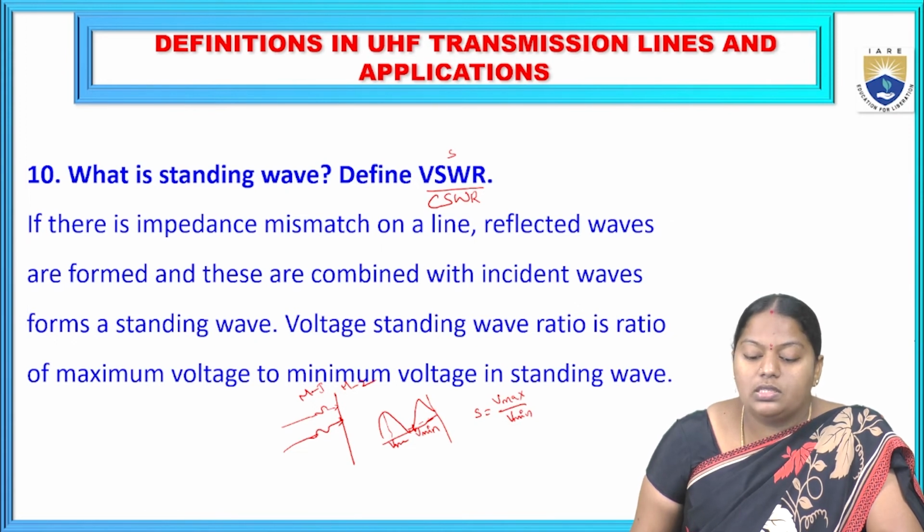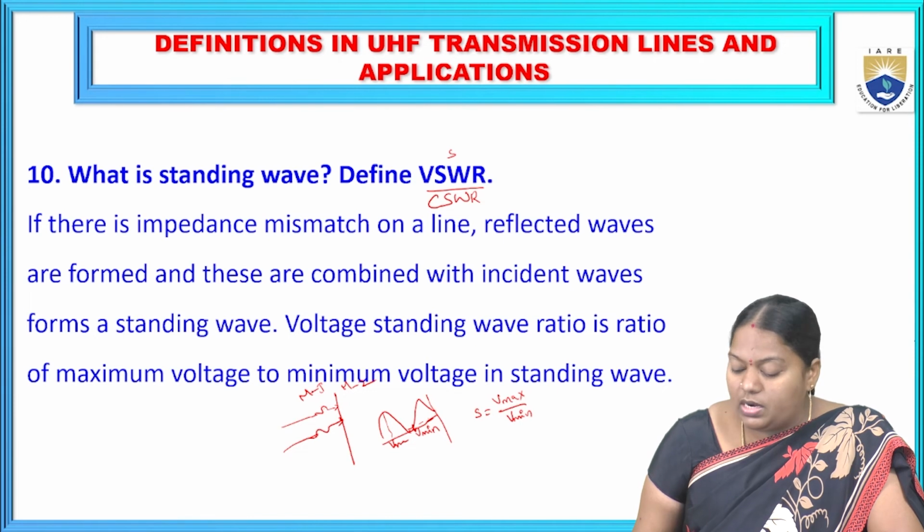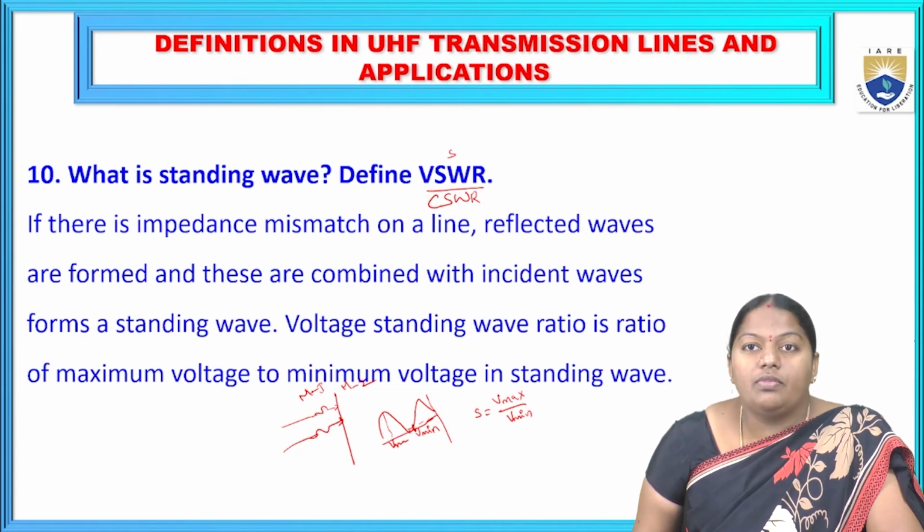To define the standing wave ratio S, it is the ratio of maximum voltage to the minimum voltage in a standing wave. If you are talking about currents, it is the ratio of maximum current to the minimum current, given as the current standing wave ratio.